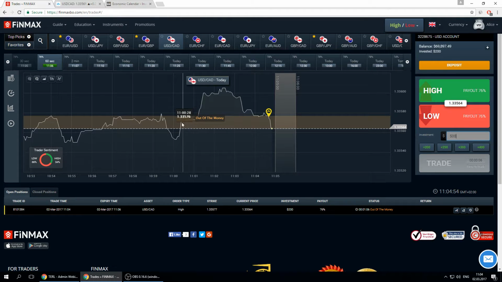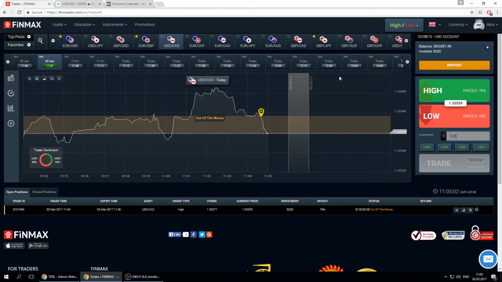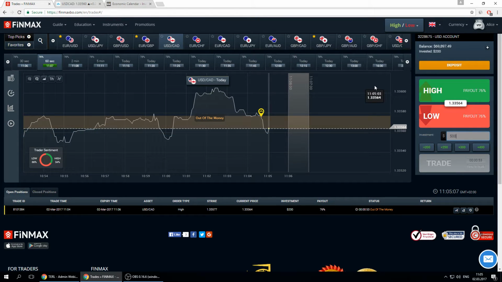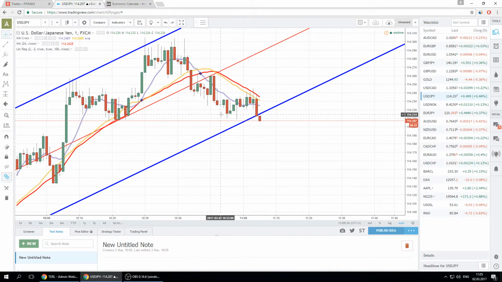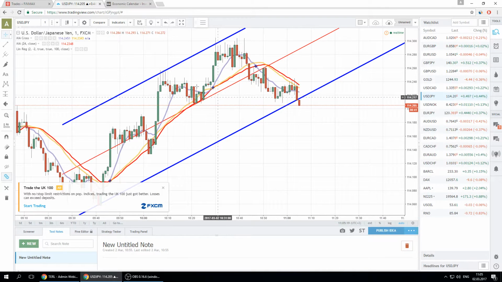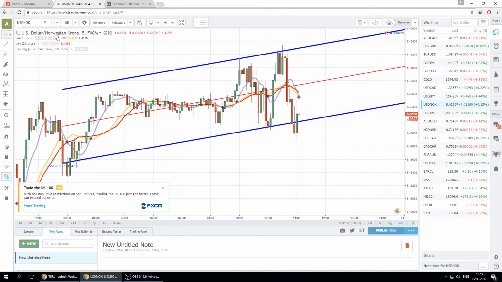Prepare everything for opening the second trade. And meanwhile, we'll search for more options to trade. So in this chart we see that American dollar is falling. Let's switch to 5 minutes. Also here not that clear.